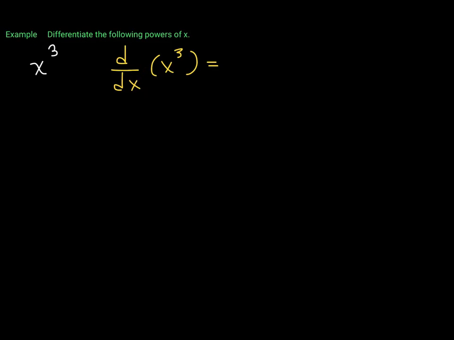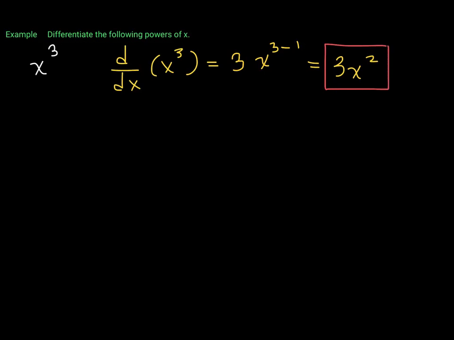Don't just apply the rule, but actually use this notation, d dx. The derivative of this expression with respect to x is what we're saying. So it's equal to, the power comes down, so now it's 3 times x to the power of 3 minus 1. So then the derivative is 3x squared. Folks, we are done. That's it.